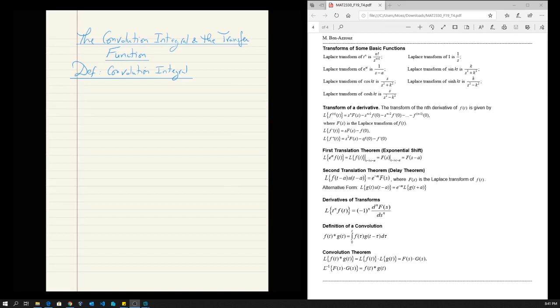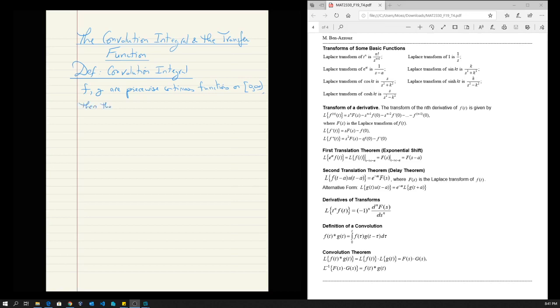The assumption first is that f and g are piecewise continuous functions on the interval 0 to infinity. That's important. Why do we need that? Because that guarantees that we can take a Laplace transform of them. So that's a prerequisite.